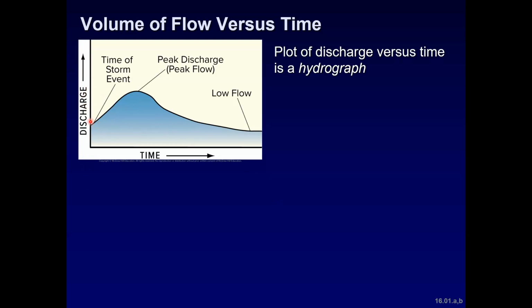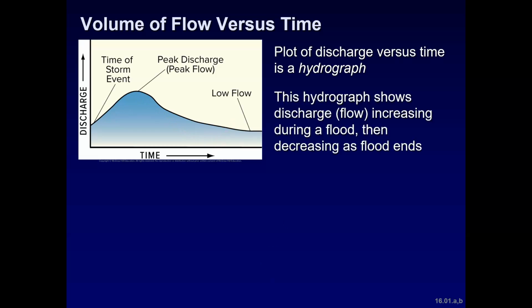A lot of rain precipitation was introduced to this area. That causes the stream to reach peak discharge at a certain time, and then it'll sort of taper off after the storm event. So the hydrograph shows flow increasing during a flood event, really, and then decreasing as the flood ends.